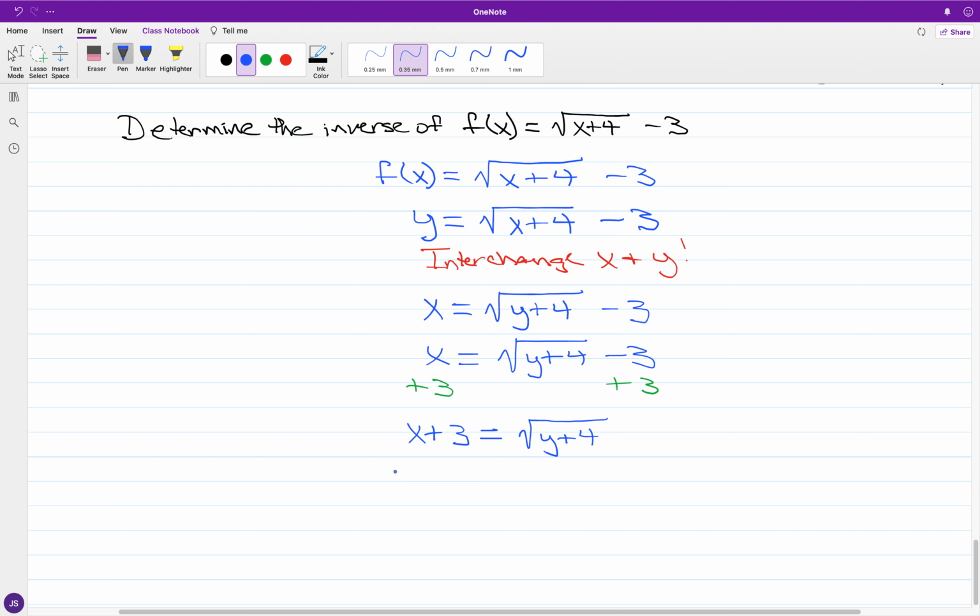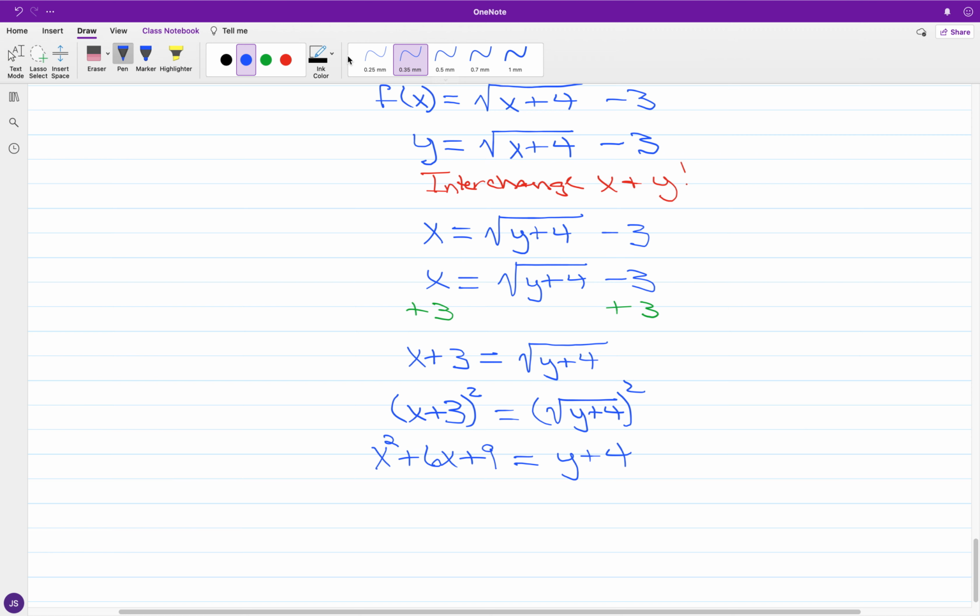Okay, and then to free up the y expression from the square root, I'm going to square both sides. And for the square of x plus 3, this will be x plus 3 times itself. So we have x squared plus 6x plus 9 is equal to y plus 4. And if I get y by itself, I'm just going to take 4 away from both sides here.